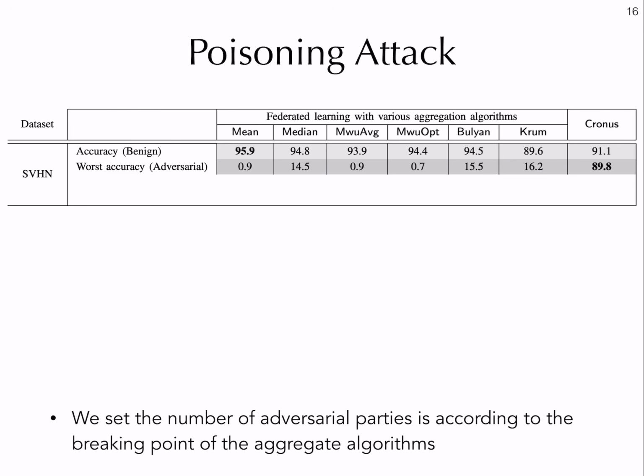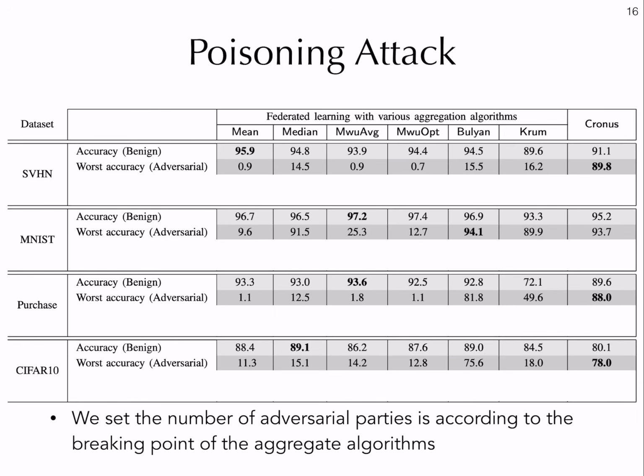But for some of them, for example, Boolean has much smaller breaking point. So if you use the same number of adversaries that we use against Cronus, then Boolean will just give you no accuracy. So obviously Cronus is more strong than others and more robust, and the other experiments on other datasets also show the same result.